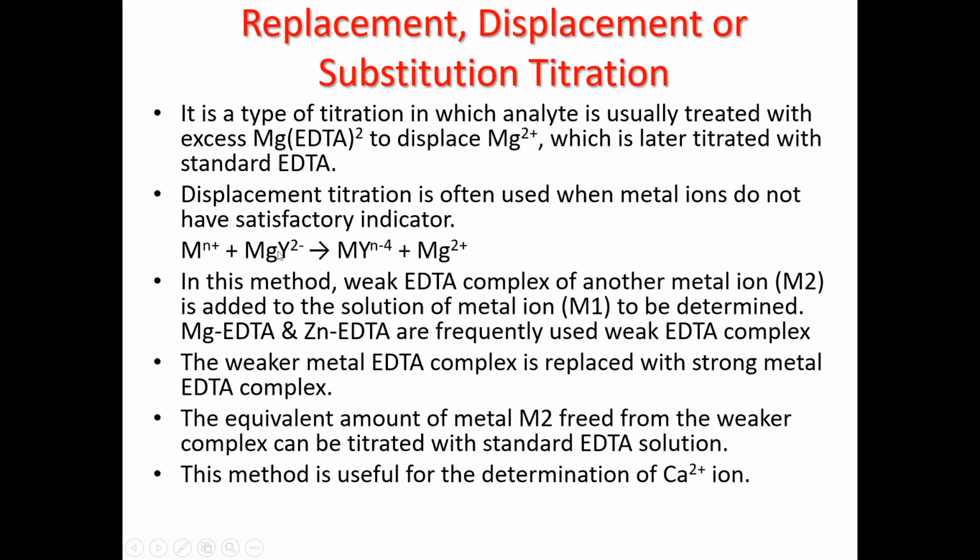And the equivalent amount of the metal that is freed from the weaker complex can be titrated with a standard EDTA solution. So whatever is freed from here can be titrated with EDTA, and you can now determine your metal ion concentration. This method is useful for the determination of calcium ion.